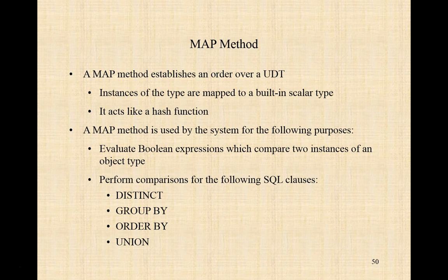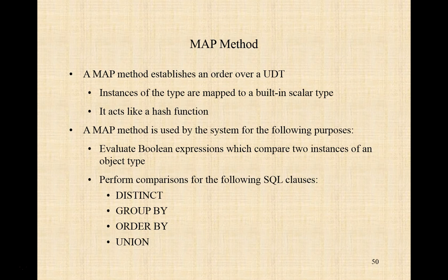A map method is used by the system for the following purposes. If we have a predicate, a Boolean expression, to compare two instances of an object type, the system will automatically invoke the map method to produce a value which can then represent the object and be used in comparison with values emitted by other objects.